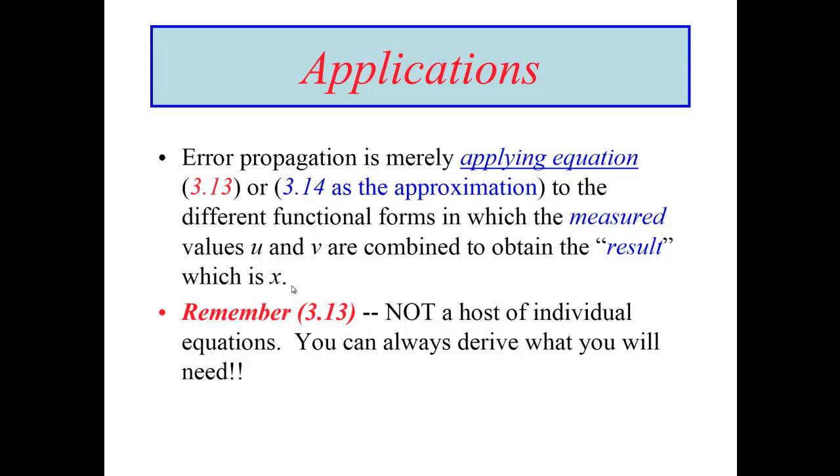So remember, even though in the textbook there are lots of examples given for various kinds of functional forms, don't memorize a host of individual equations. It's not a good idea to try to memorize what the results are for various kinds of functional forms. Just remember equations 3.13 and 3.14. Those are the starting points that can be used for any general function.